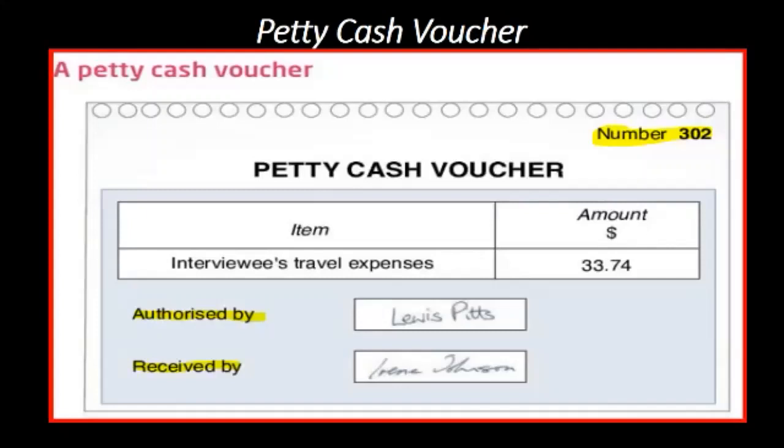Okay, so if perchance you get a source document with the payment, it is attached to this petty cash voucher and put into the records as your payment.